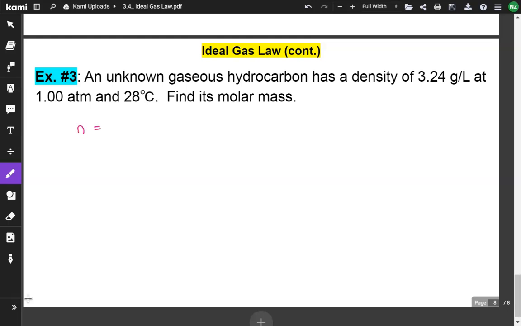So n is grams over the molar mass. Okay, or grams over grams per mole, if we're using our units here. Density, rho, is equal to mass over volume.